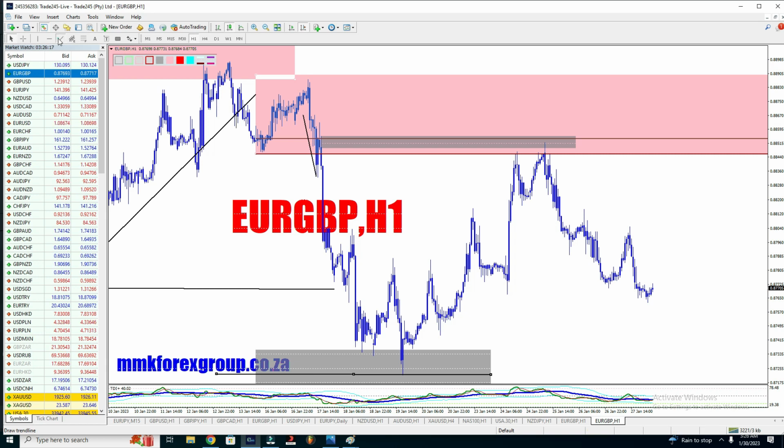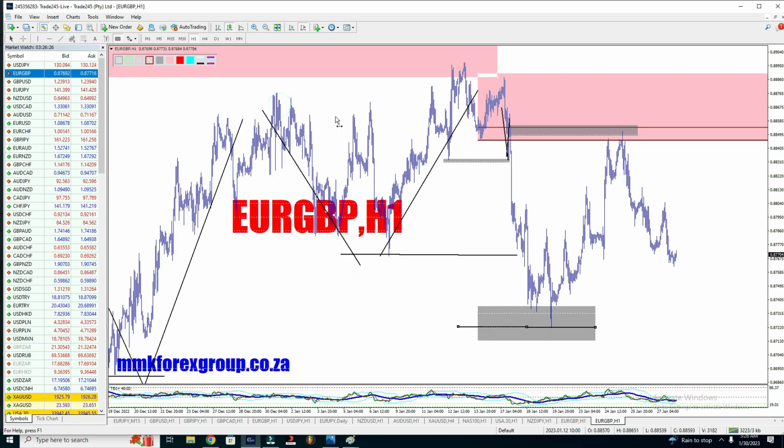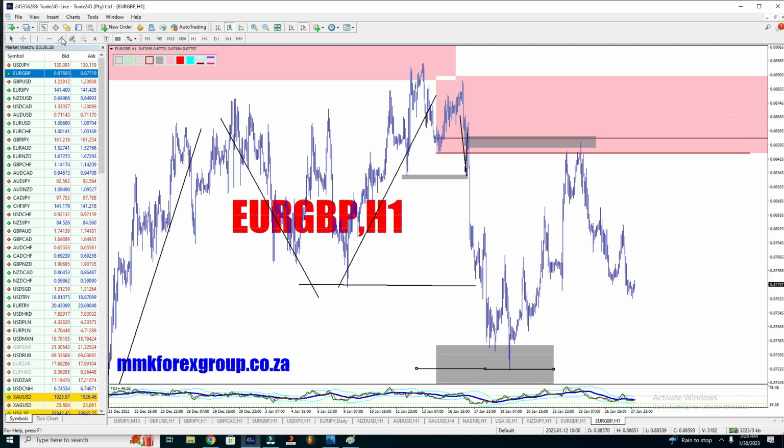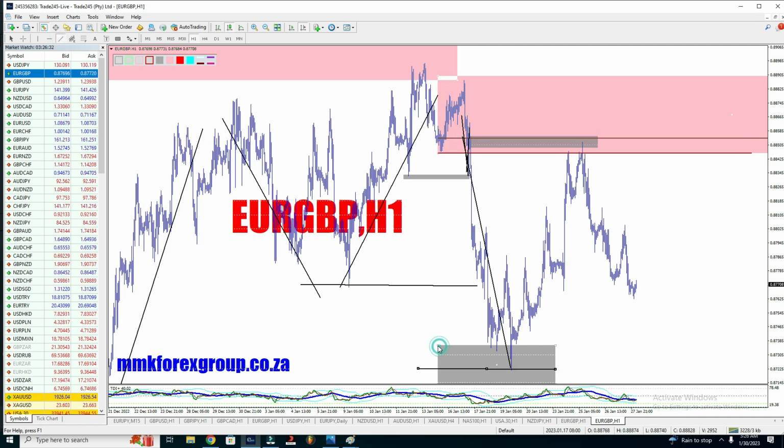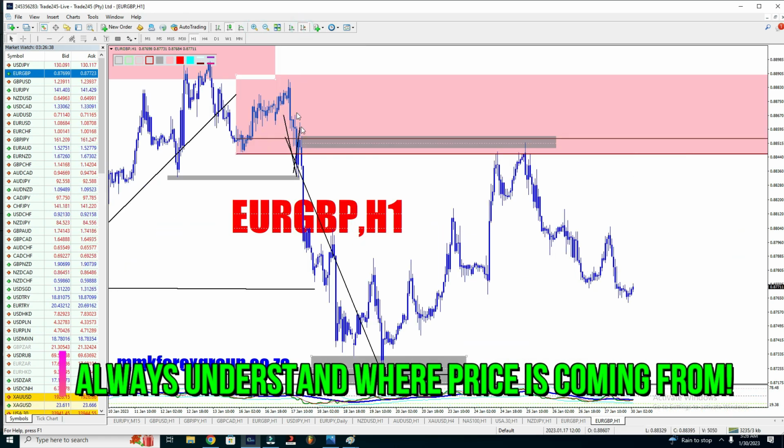We're making that a supply zone, and we can see how price left that area, and it's the one responsible for the break of this structure. If you zoom out, that zone is responsible for this new lower low that we identified in our daily time frame.